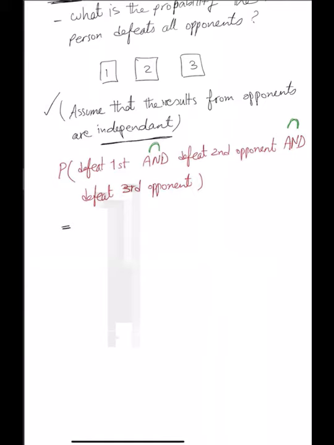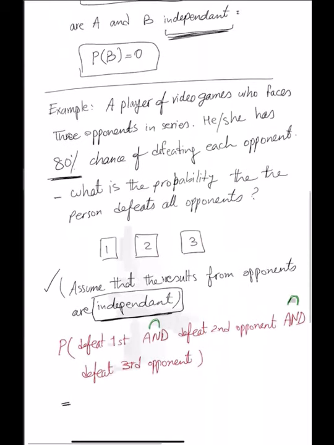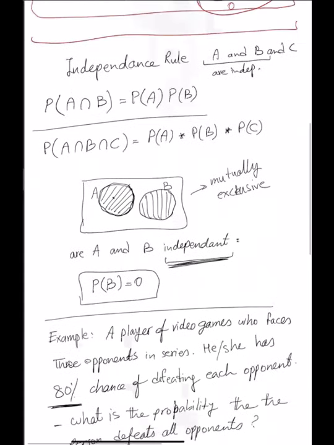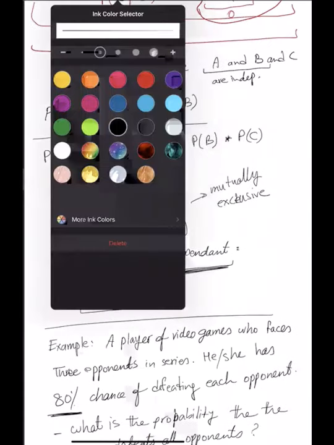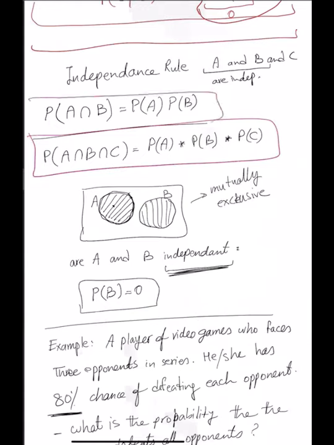And you know that these events are independent from each other. What was the rule of independence that we learned? The probability that A happens and B happens and C happens, you just multiply those probabilities.